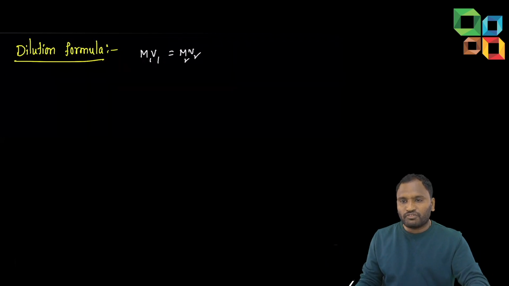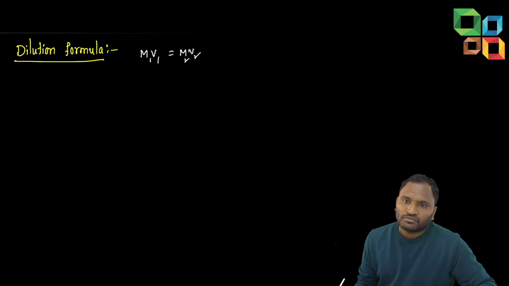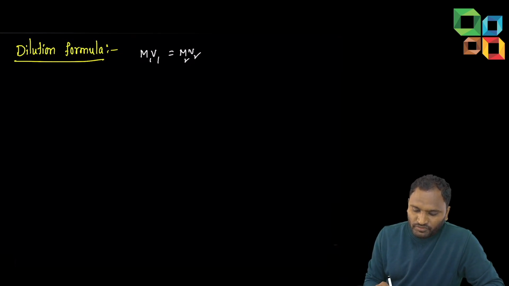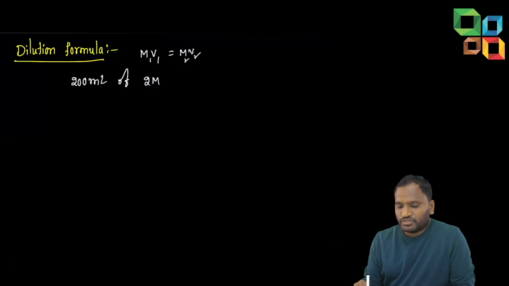Here, M1 and V1 are the initial molarity and initial volume of the solution, and M2 and V2 are the final molarity and volume of the solution. Suppose they give 200 ml of 2 molar solution.